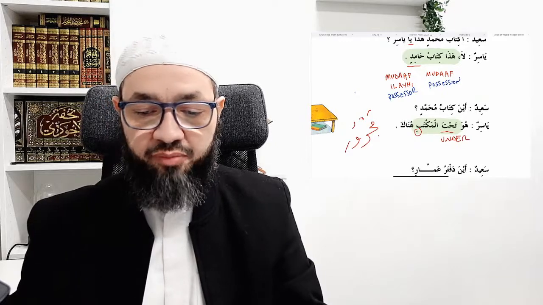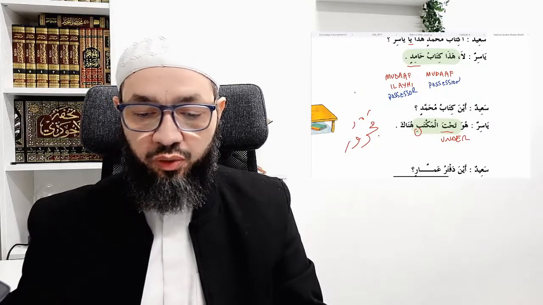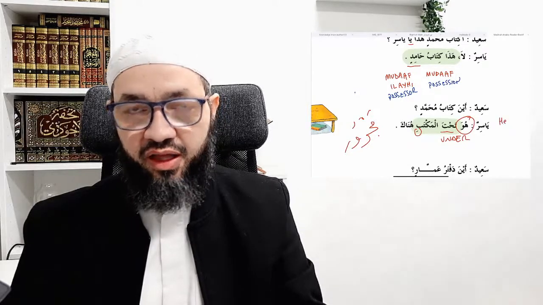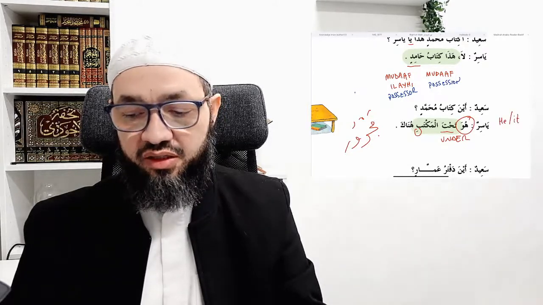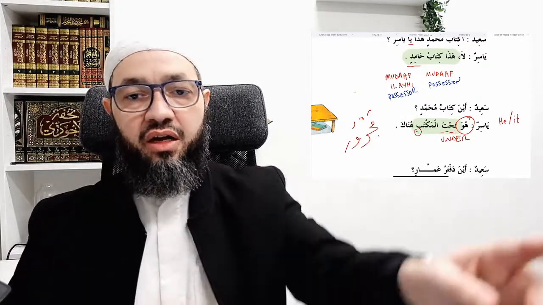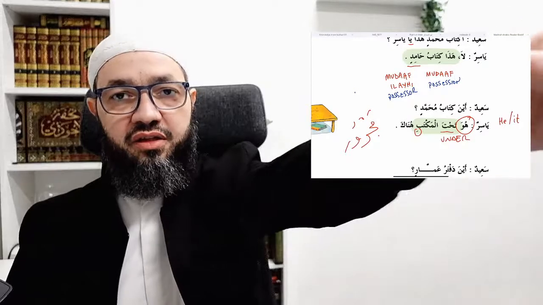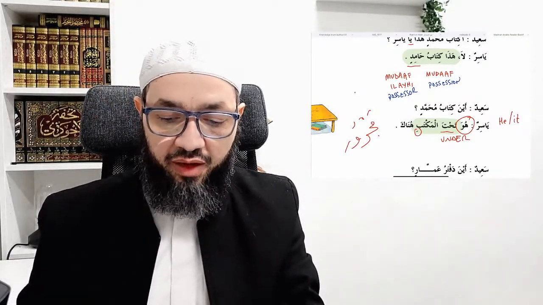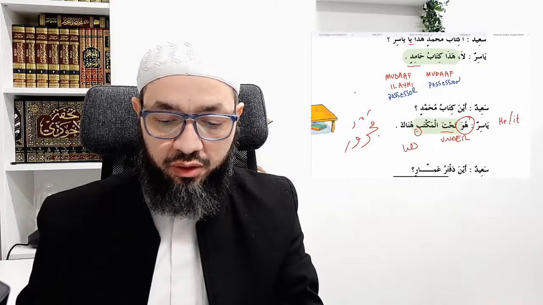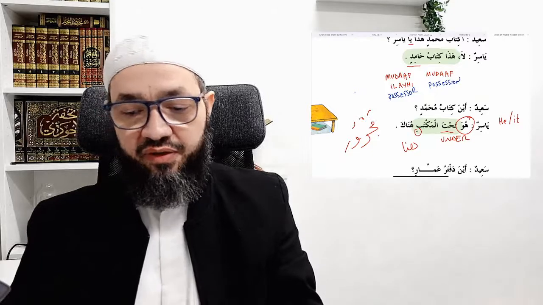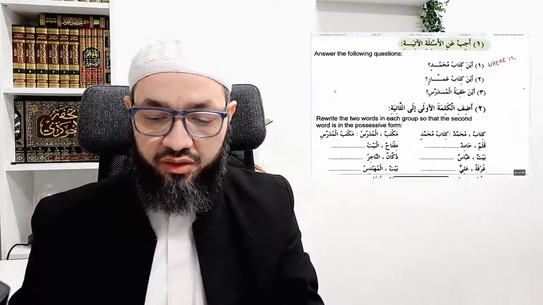Remember, huwa is a pronoun, and it can mean either he, if it's a person, but if it's an object, it's going to mean it. It's under the table, honaka, over there. Honaka means over there. If you want to say over here, you just say hona. It's here. And we spoke about this last lesson.